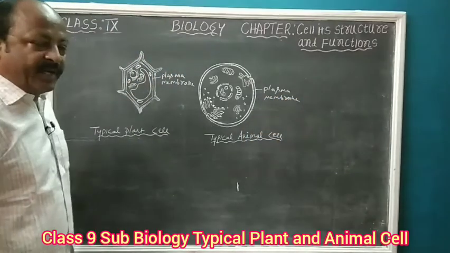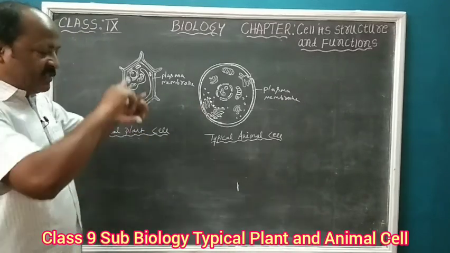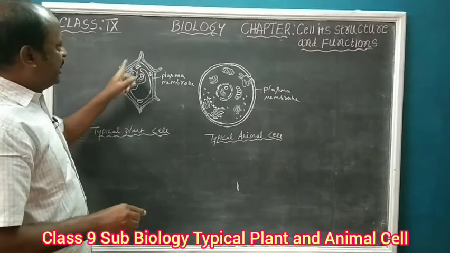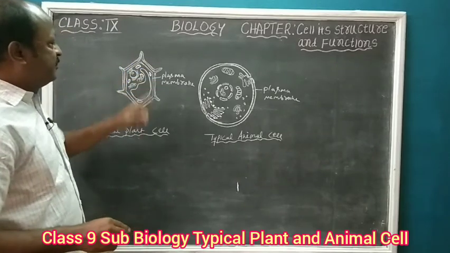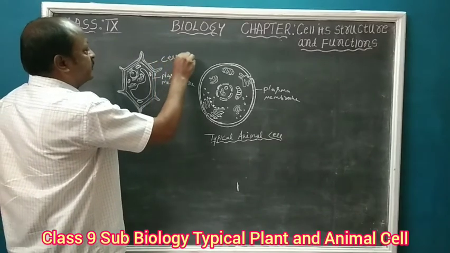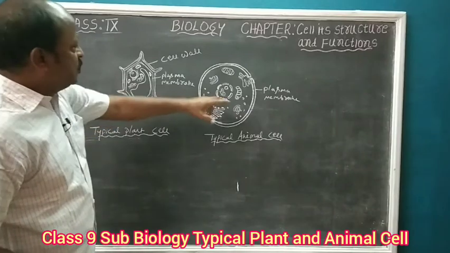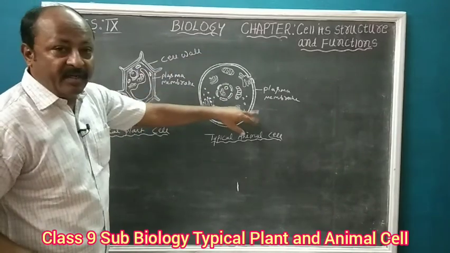But when you compare the plant cell with the animal cell, plant cell has got an extra covering above the plasma membrane, that is the cell wall, and there is no cell wall for the animal cell.